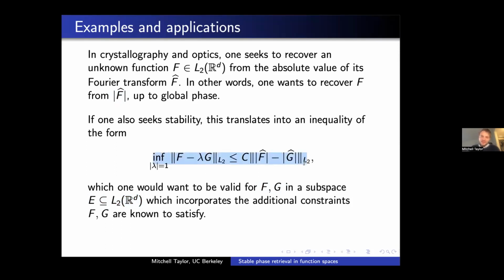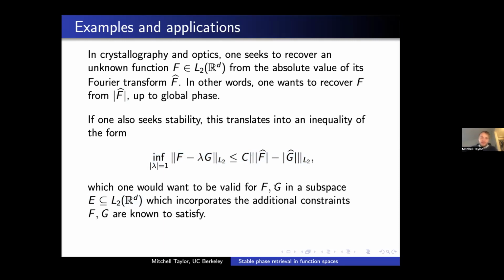You can't recover a function from the magnitude of the Fourier transform in general, but on sufficiently small subspaces you can. In experiments, of course, you're not going to be interested in every possible signal. You're going to know a priori some linear constraints on what your function must look like. So this is the inequality you would like.